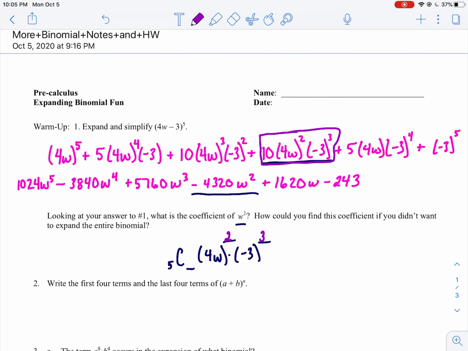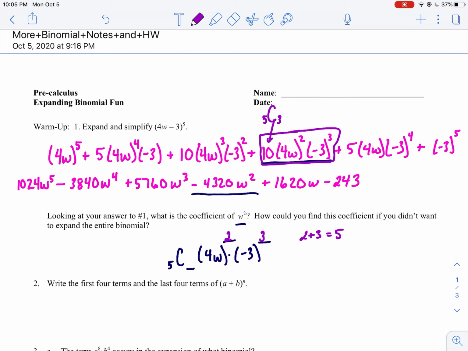The best way to know that is that those exponents, 2 plus 3, always add up to whatever the overall power is, which is 5.